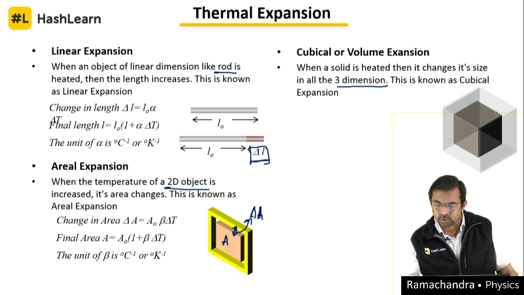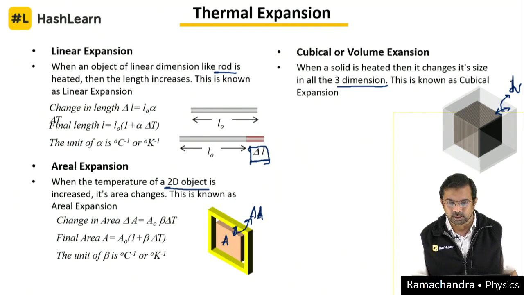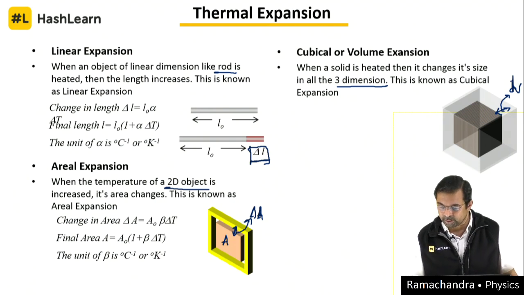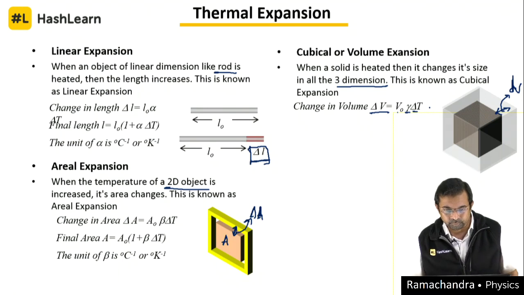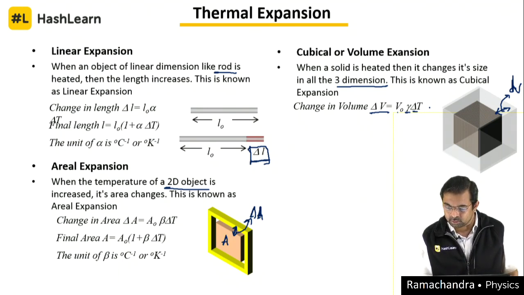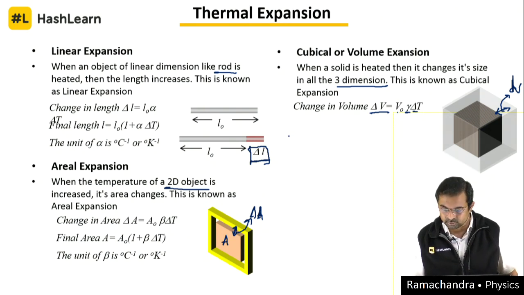After the increase in temperature, the volume will increase by dV. The change in volume, dV, can be given as V naught into gamma into delta T. Gamma is called the coefficient of cubical or volume expansion.